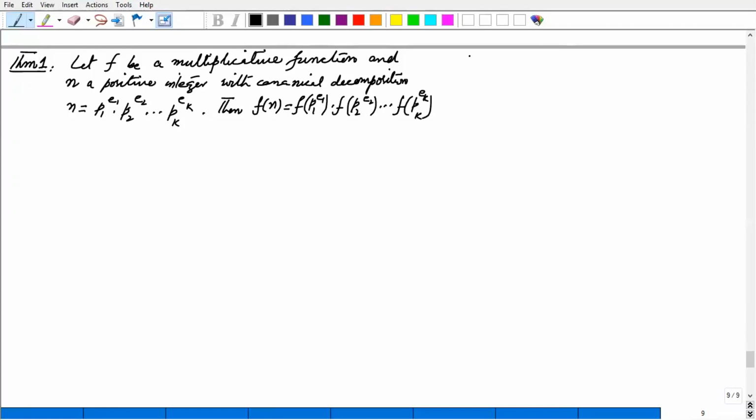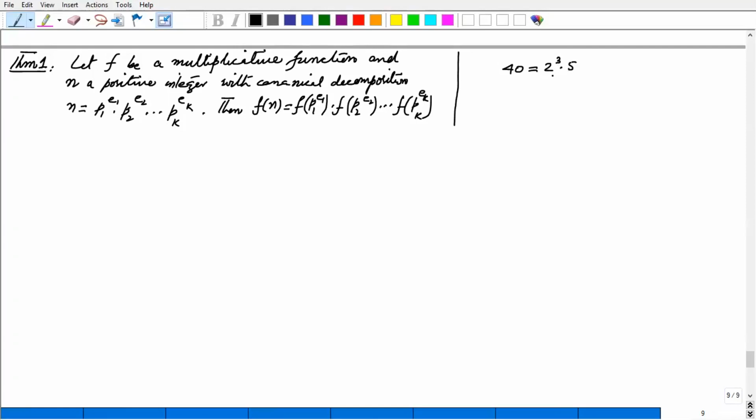Okay, and canonical decomposition means prime factorization. For example, if we have the number 40, its canonical decomposition is 2 cube times 5, because 2 cube is 8, and 8 times 5 is 40.